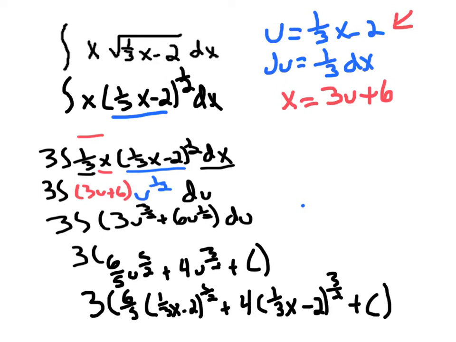So I do this process when I find myself trying to do U-substitution and I have an extra x. Anytime I have an extra x, I'm going to solve my U-substitution for x and then substitute everything in.